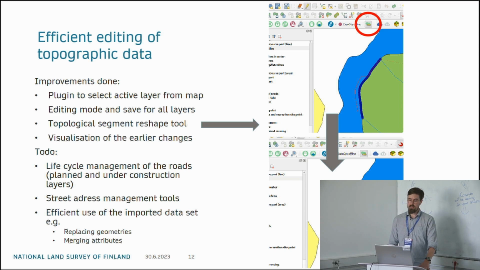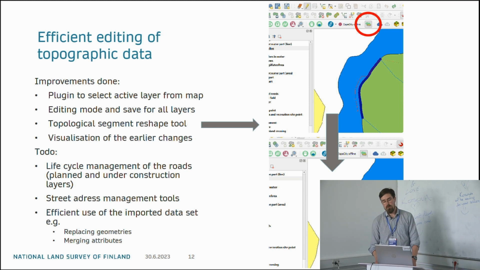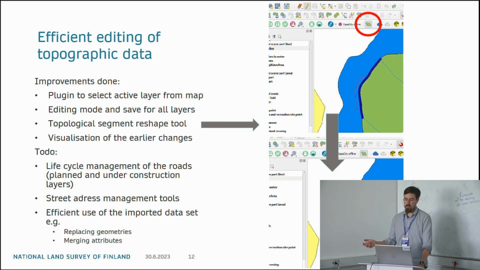And we have created a topological segment reshape tool, which is quite a handy tool, and it can also be used both in QGIS and from the stereo mapping view. We have also made it possible to visualize all the earlier changes that the user has done in the same work.